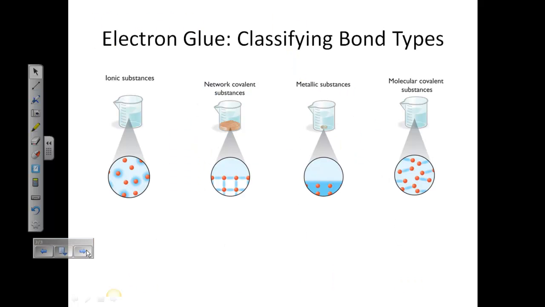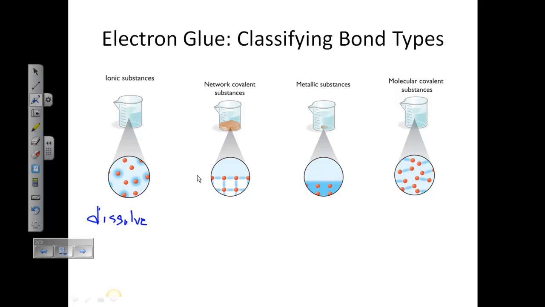Electron glue. From doing the classifying bond types lab, we know that we can separate materials out into these four categories. For a quick review, ionic substances dissolve in water.